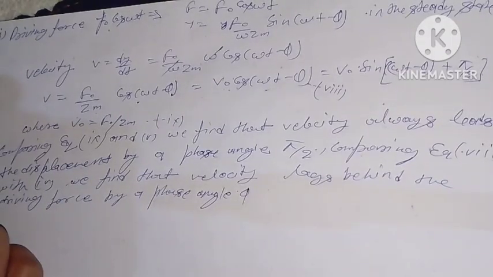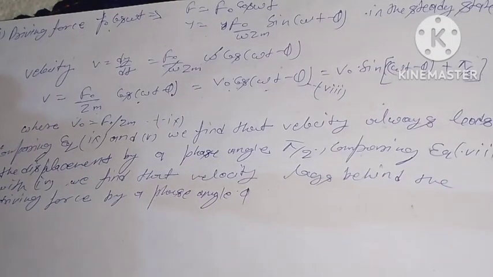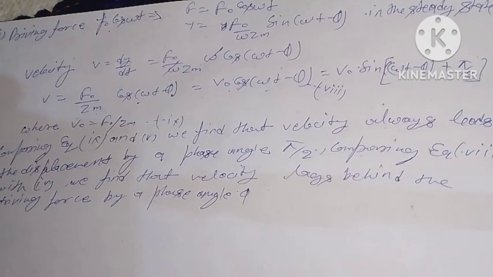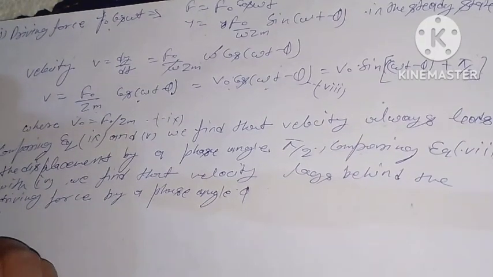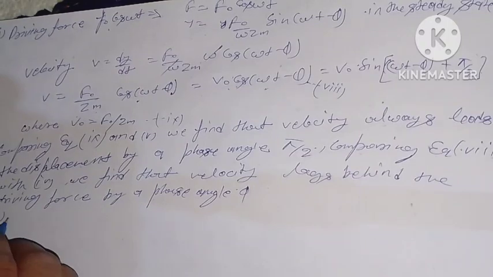Comparing equation number 9 and 5, we find that velocity always leads the displacement by a phase angle pi by 2. Comparing equation number 8 and 4, we find that velocity lags behind the driving force by phase angle phi.